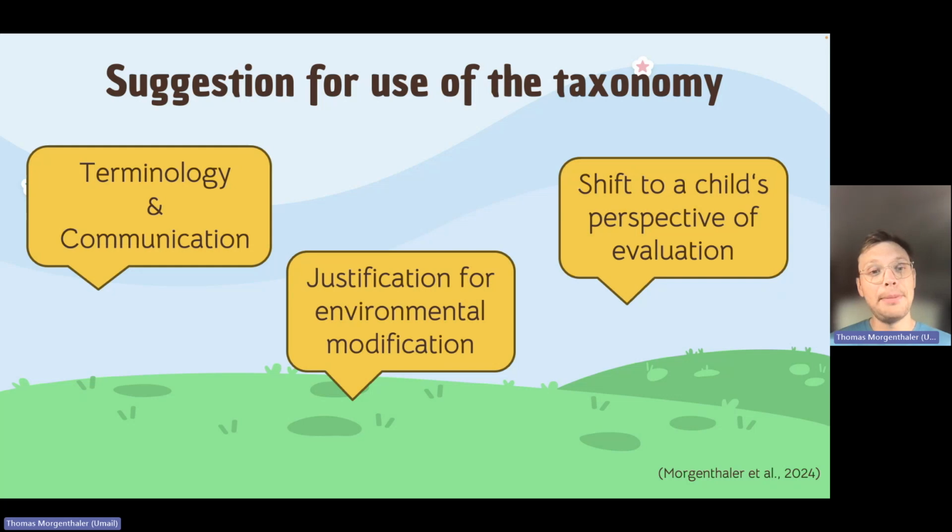The third example is that it gives us an evidence-informed justification when we do environmental interventions. For instance, it allows us to find specific features or environmental qualities that are missing in a play space, and it allows us to give a justification why we need to make a change in a playground.